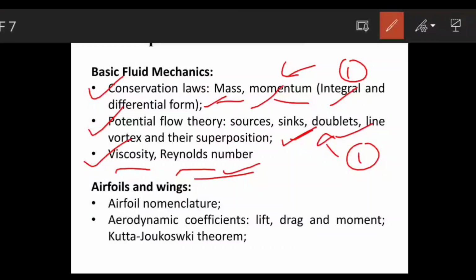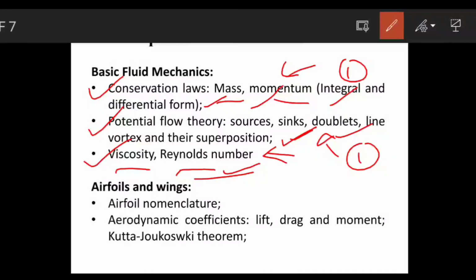This is important, not in detail but at the basic level, because you can find one-mark numericals related to that. But in very few question papers I have found questions related to viscosity.